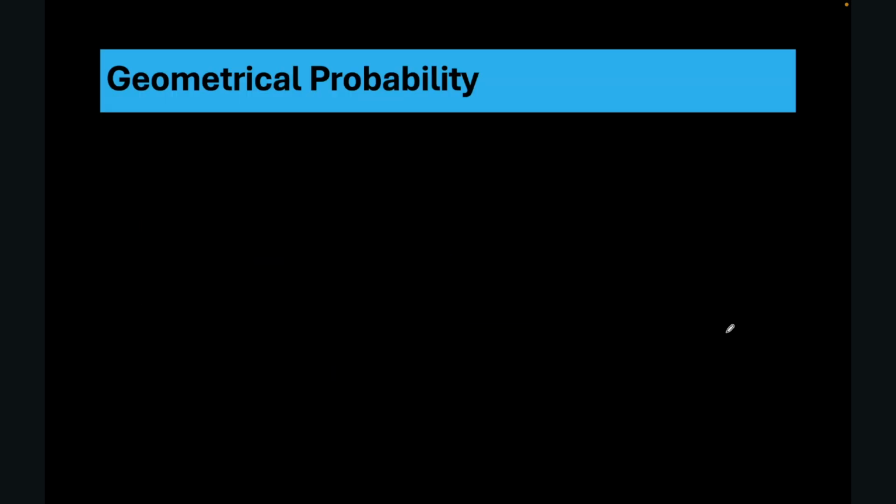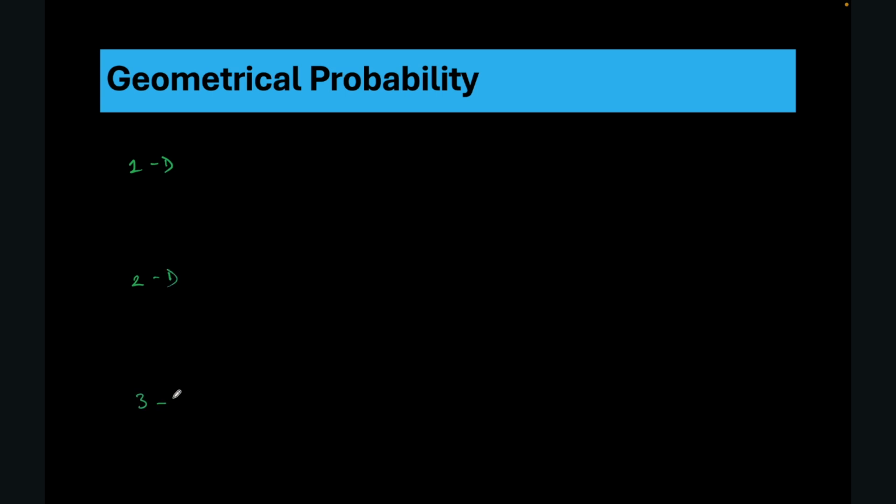Now on to the main part, which is geometrical probability. Geometrical probability can sound a little daunting, but it's really simple. Let me break it apart in the three dimensions that we usually work with in geometry. We have one dimension, which is a straight line. We have two dimensions: squares, rectangles, circles.